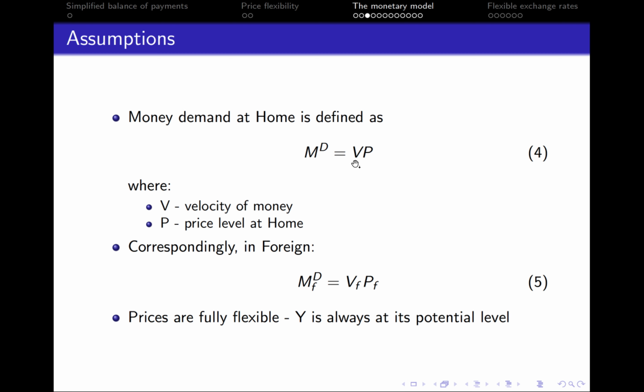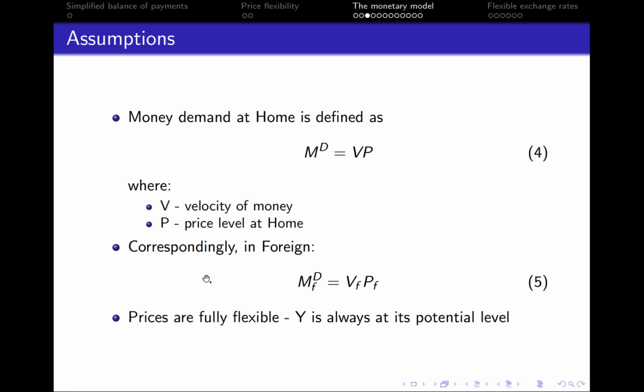So actually, if we would cut it out completely out of the model, nothing would actually change. But I hope you see this relationship here, that if price level goes up, we need more money for purchases of goods and services. So money demand is increasing.